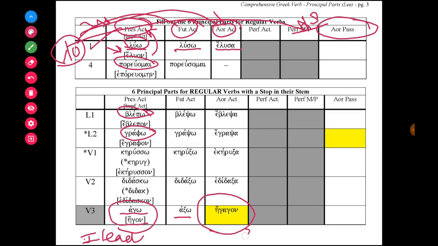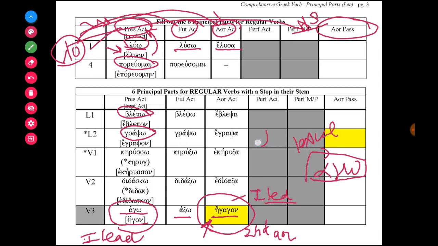This is a second aorist form, and the stem is something that you can't anticipate. So agagon is an irregular way to say I led, and I'm just going to have to memorize this. When I memorize the vocabulary word ago, I'm going to memorize not just ago as the lexical form, and not just ag as the verbal root, but I'm going to know the imperfect agon.